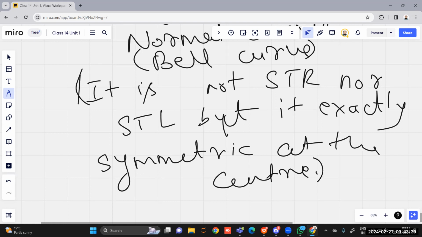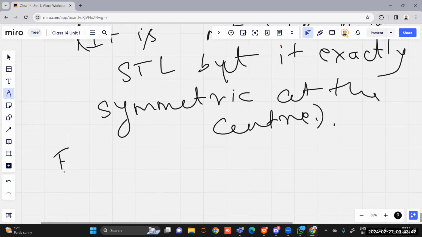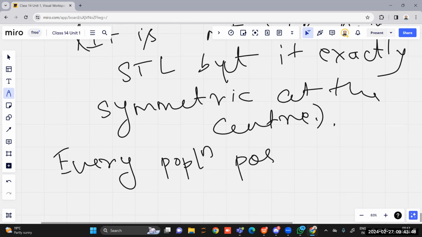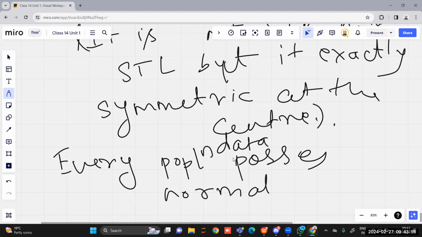And I'll write one more thing: every population data possesses normal distribution. Whenever we are taking population data, it will possess normal distribution.